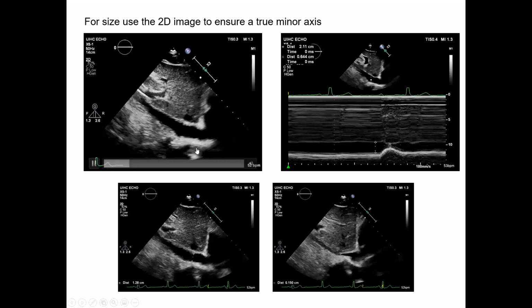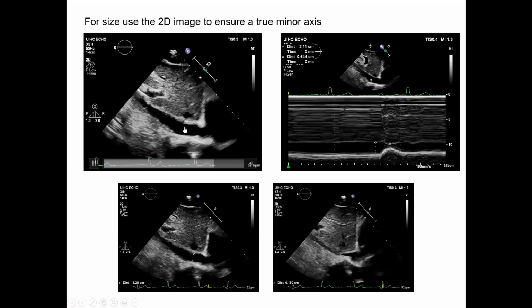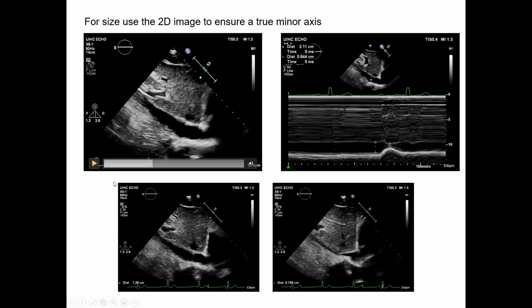So here's our sniff, and these are the measurements that went along with that. So here's the expiration and inspiration measurements. Sometimes we really like to put an M mode on so that we can show that change.